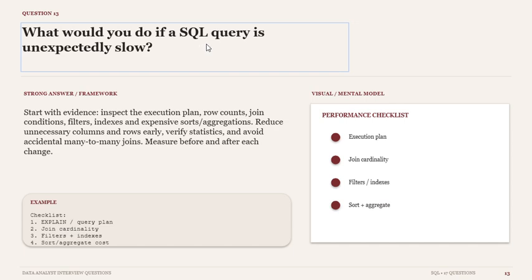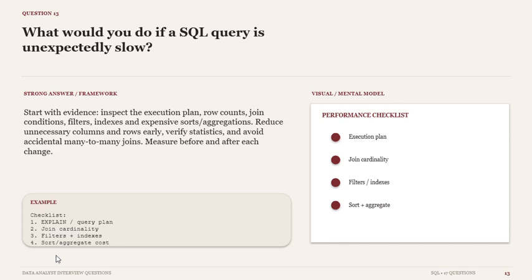Now, in case an SQL query is slow, I will try to understand the query plan. I will try to understand the join cardinality. Join cardinality indicates how many records are getting joined with the other records. Let's say there is a where clause, such as where designation equal to engineer.